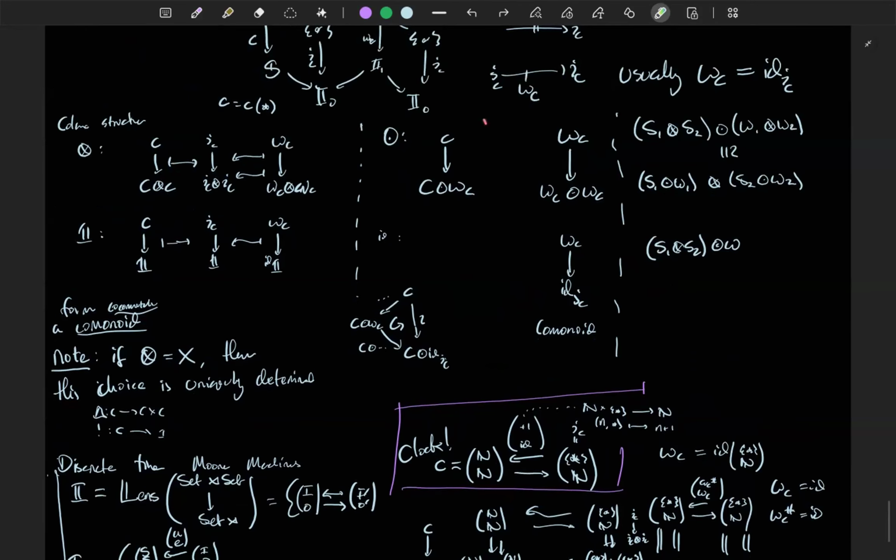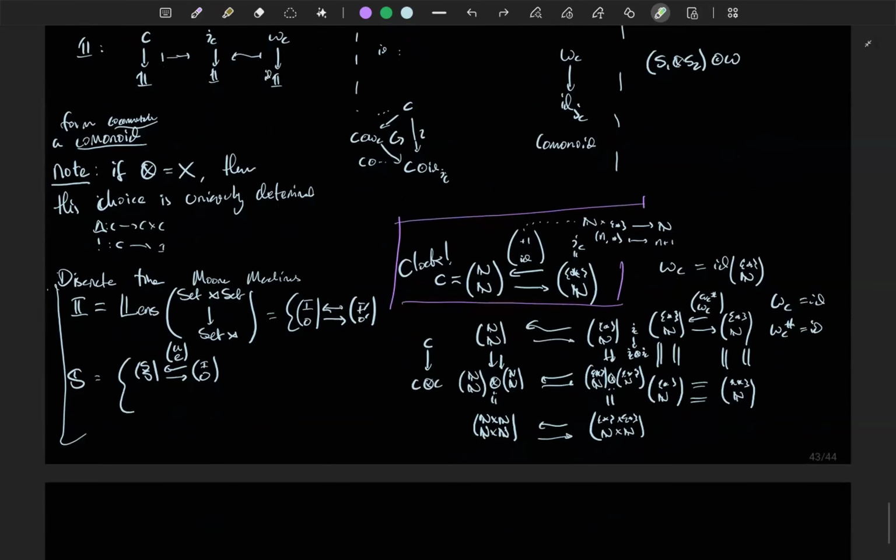And you'll have to believe me, but this also has to be the identity. So you end up with, or at least an isomorphism that's very close to the identity. So you end up with essentially just this choice of clock.